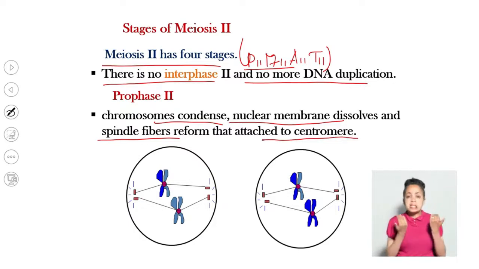Still, there is no division or separation of the centromere. The centromere holds together the chromosomes of the cells produced from telophase I as they pass to prophase II. There is no separation of the centromere, so they still have the original and the copy chromosome together. So this is the activity that takes place during prophase II.